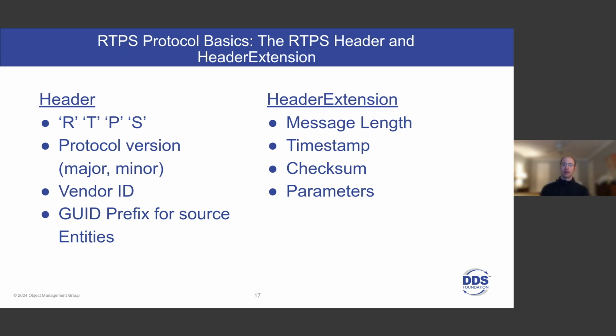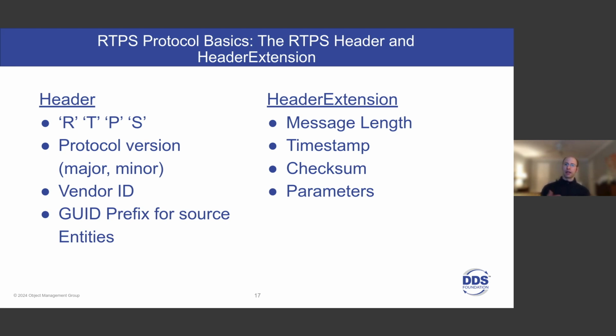So every vendor of DDS can submit something to the DDS SIG to get a vendor ID assigned to them. And the vendor IDs are useful in terms of being able to just understand what application is doing what on the network and what system is causing that message to be sent. So it's very useful for debugging purposes. It's very useful for backward compatibility and things of that nature.